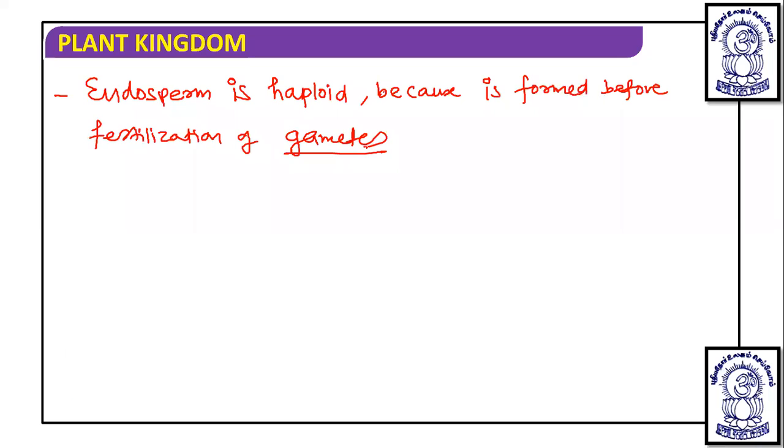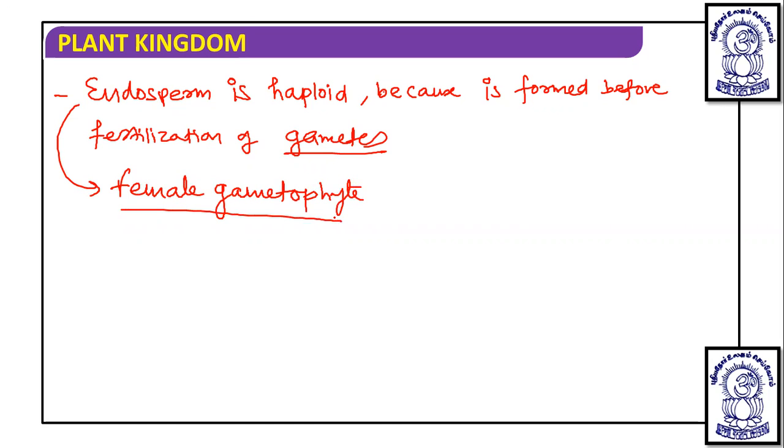And this endosperm is also known as the female gametophyte, and within this female gametophyte, two or more archegonia, the female sex organs, are produced in one ovule.